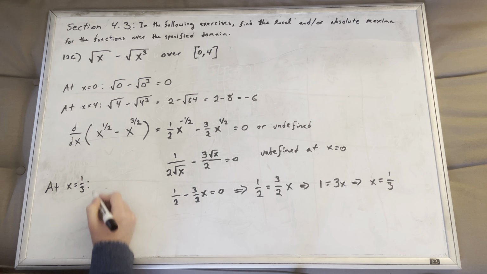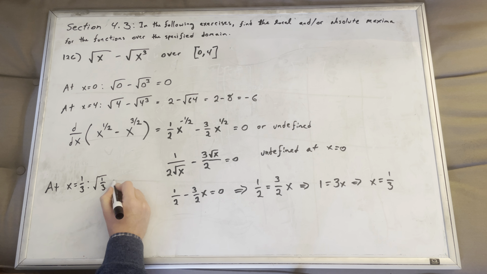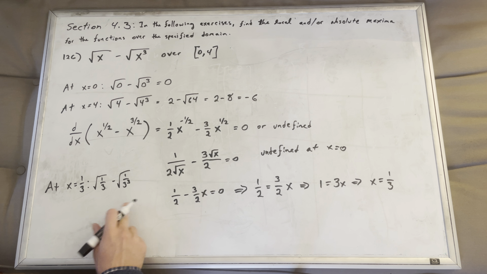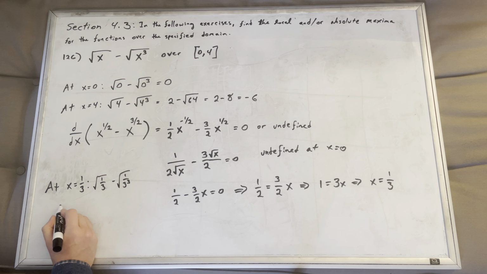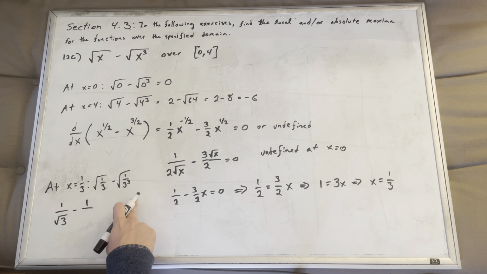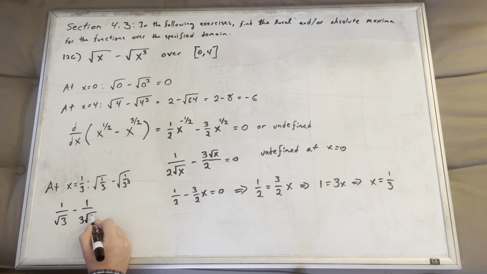Plugging this back into the function, that's the square root of 1/3 minus the square root of 1/3 cubed. Doing a bit of simplification, this looks like 1 over square root of 3 minus 1 over, and this is the square root of 9 times 3, so we can pull the 9 out and make it a 3 square root 3.